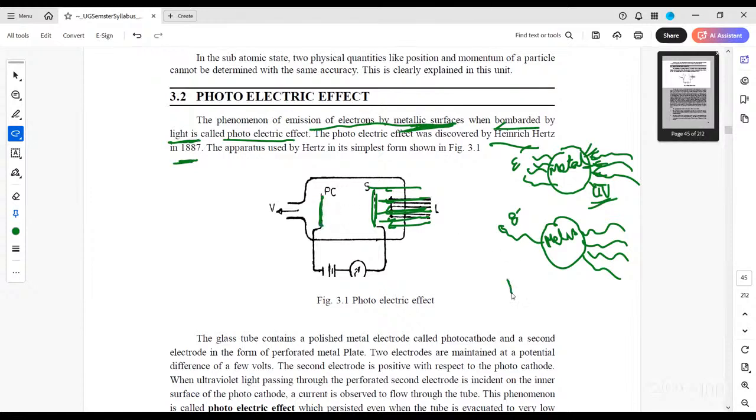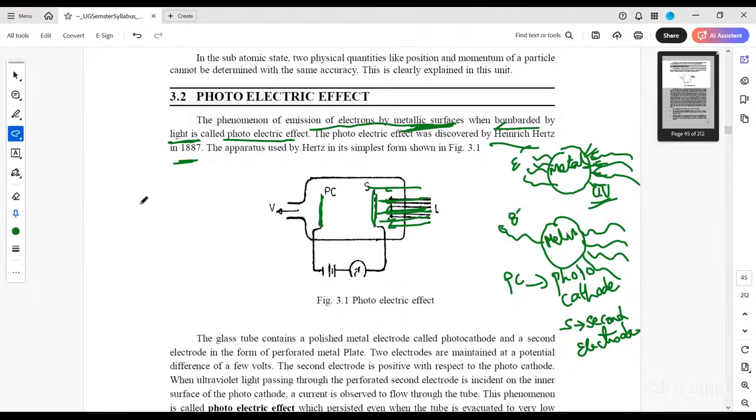What is PC in this diagram? PC is photocathode. S is the second electrode. So we have two, and these two are attached to the voltmeter.